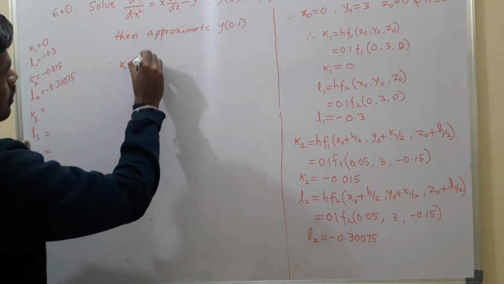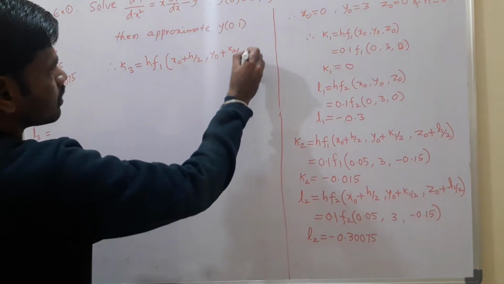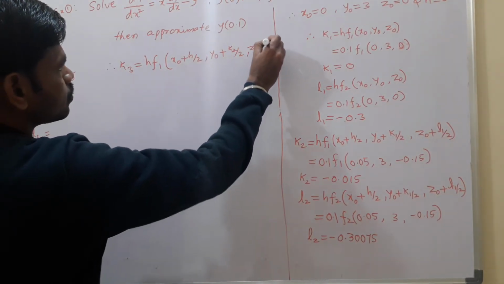Therefore K3 equal to h into F1 of x naught plus h by 2, y naught plus k2 by 2 and z naught plus L2 by 2.